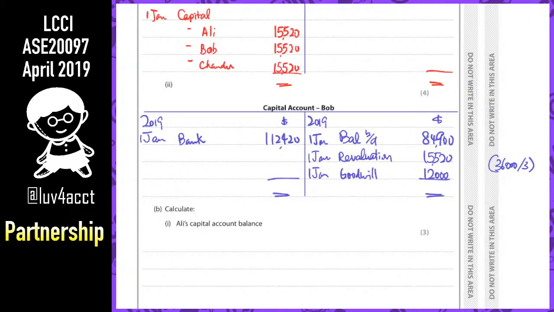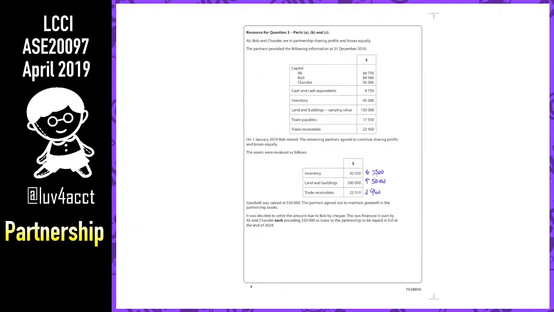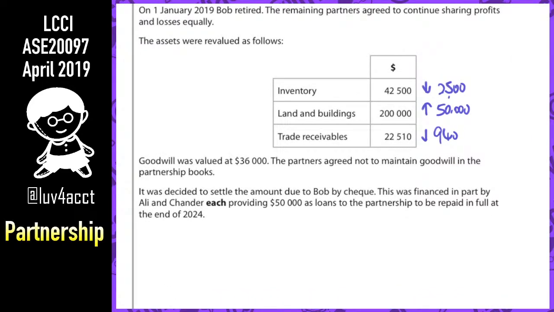Okay, you may ask, is it that this payment is financed by the two remaining partners? Yes, but then let us go back to here. It was decided to settle the amount due to Bob by check. But the business doesn't have so much money, so it is financed in part by the two partners.